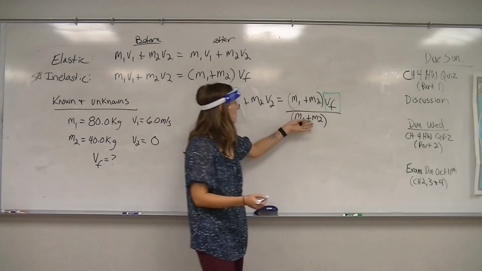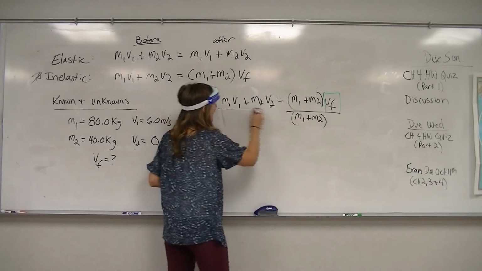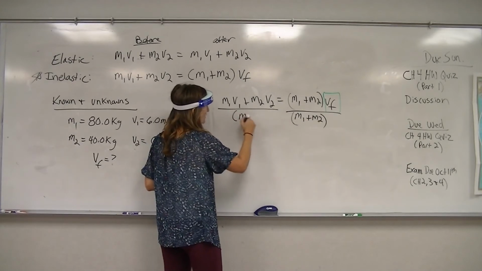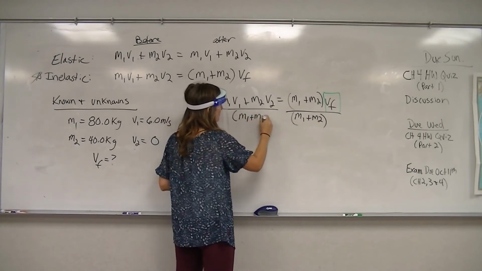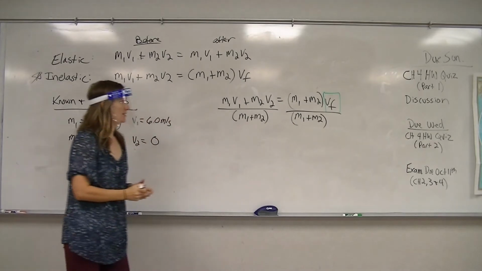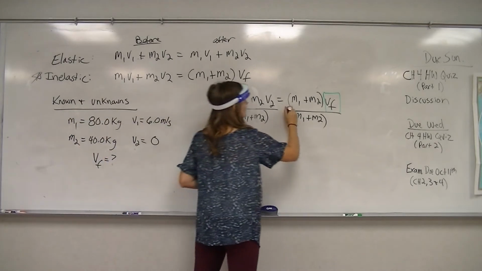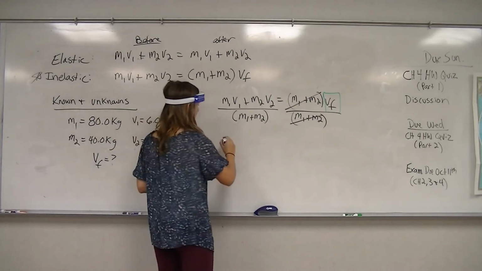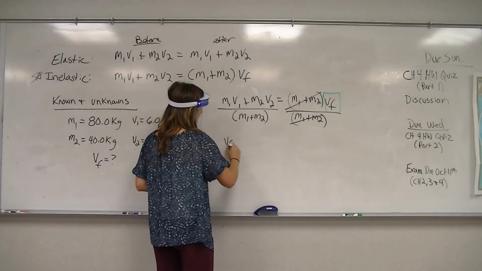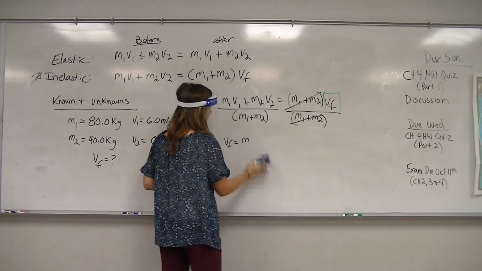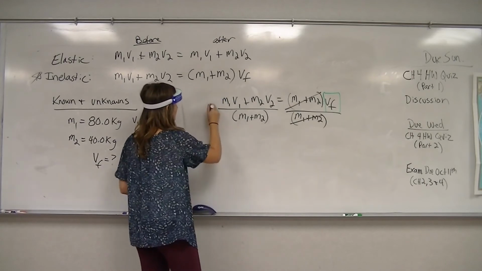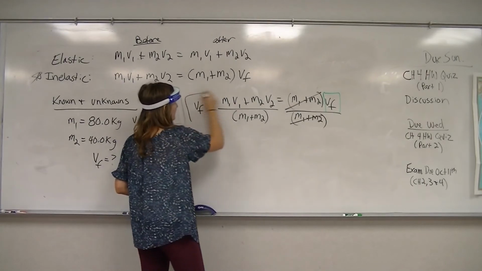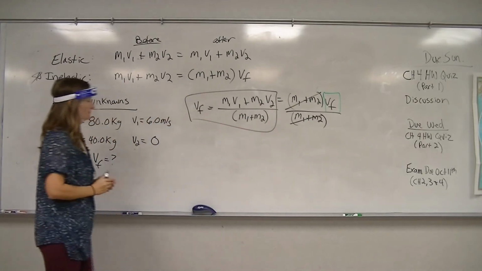But remember, whatever we do to one side, we have to do to the other. We're going to divide this side by m1 plus m2, making sure it's in parentheses. So it cancels out on the right side of the equation to get the final velocity by itself. And then I can plug in. So this would be my rearranged equation.